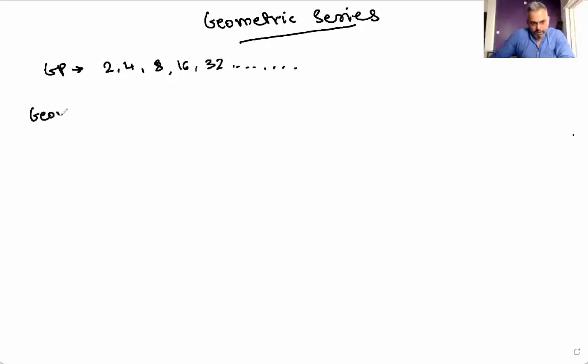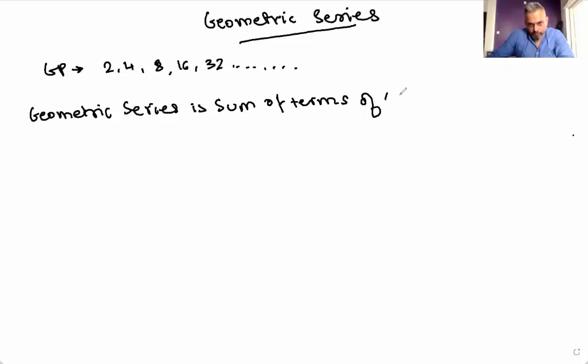So geometric series is basically the sum of terms of a geometric progression, that is 2 plus 4 plus 8 plus 16 plus 32, so on and so forth.